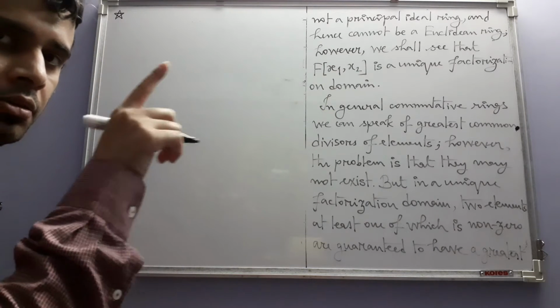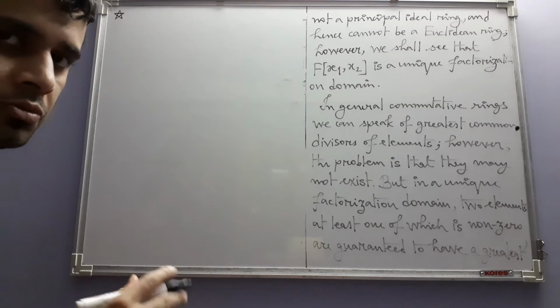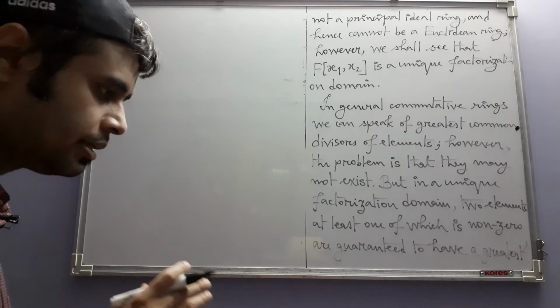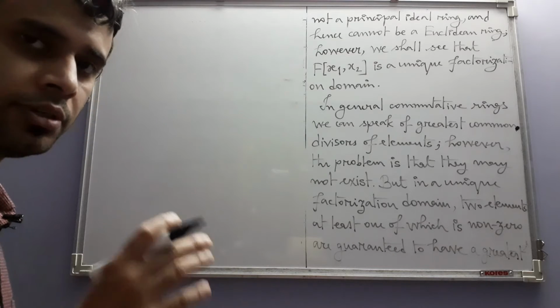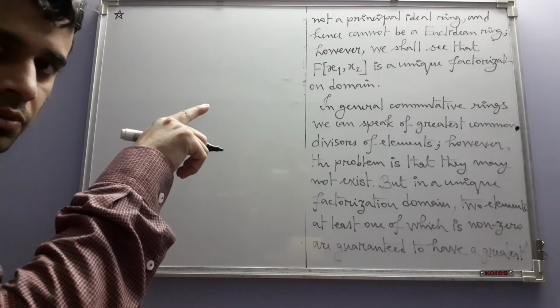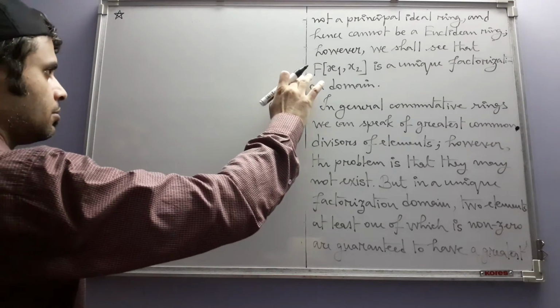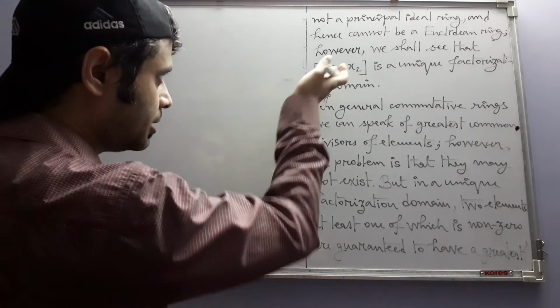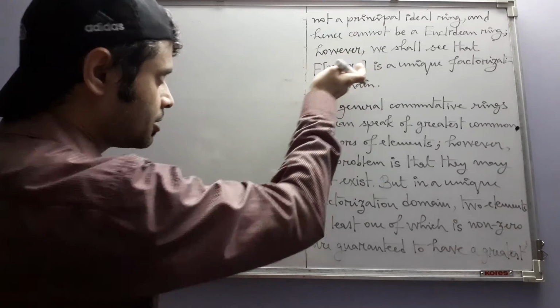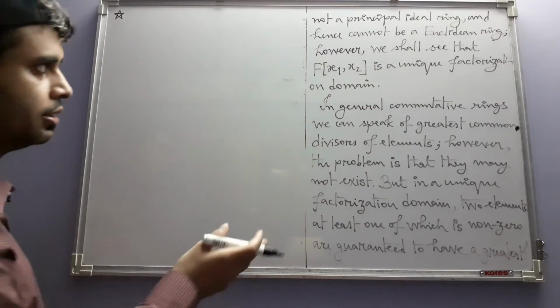Recall that in a Euclidean ring we already proved that they exist, and Euclidean rings in particular are unique factorization domains, which we proved in the theory of Euclidean rings. But here, for example, this is a unique factorization domain which is not a Euclidean ring.